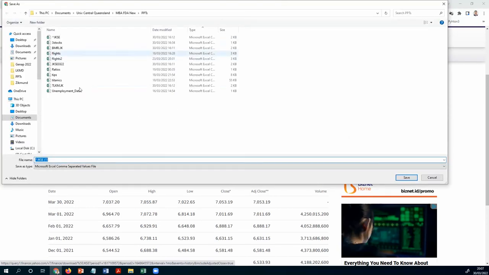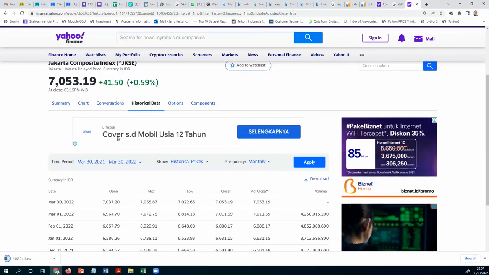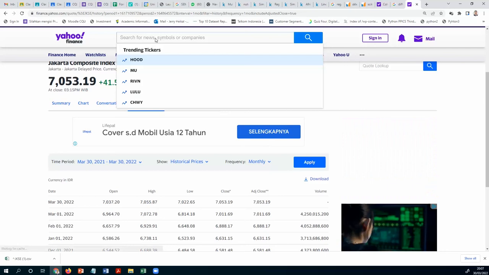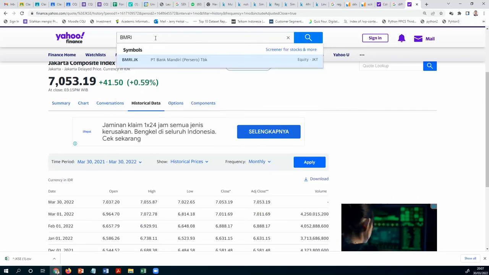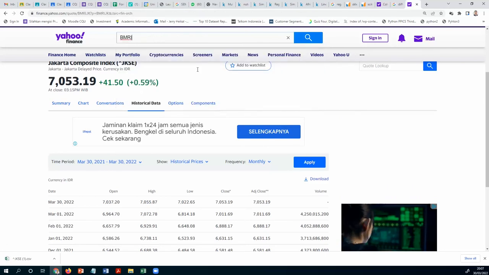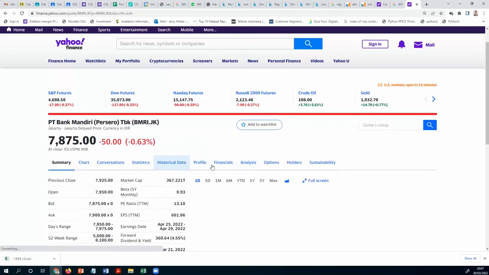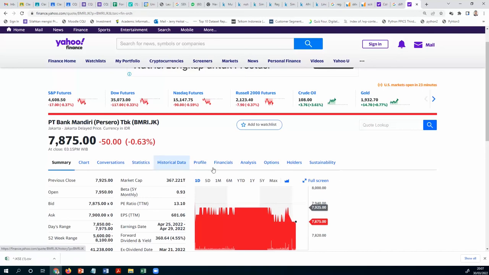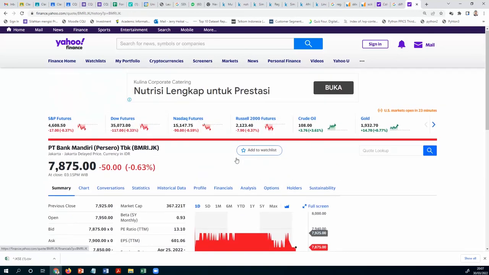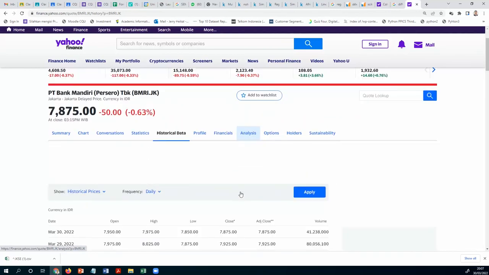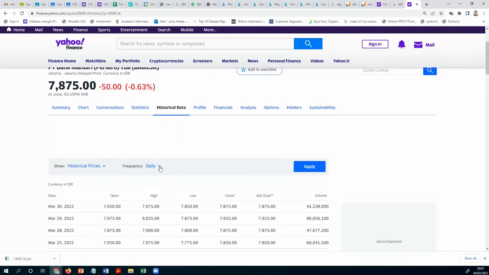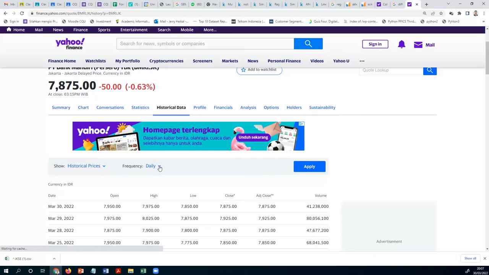And then you put it here, save. Okay, this is the Jakarta Stock Exchange, and then let's say BMRI, Mandiri. So BMRI, we want to see the historical data, and then you want to see it by monthly.